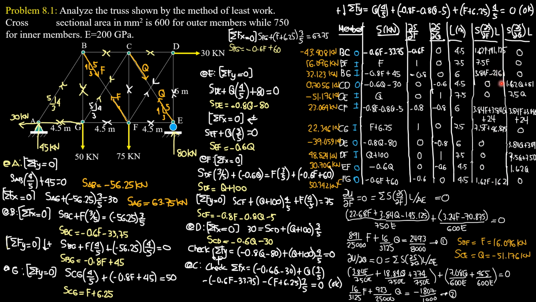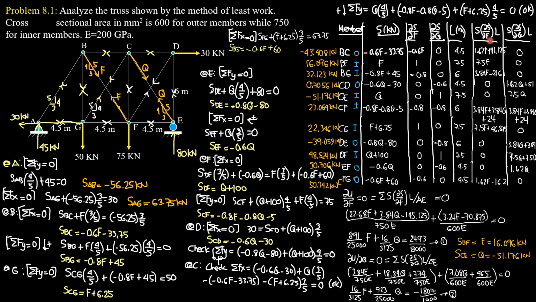So negative 216 plus 24 plus 46.875 is negative 145.125 divided by area of inner member 750 divided by E. So that's for the inner.